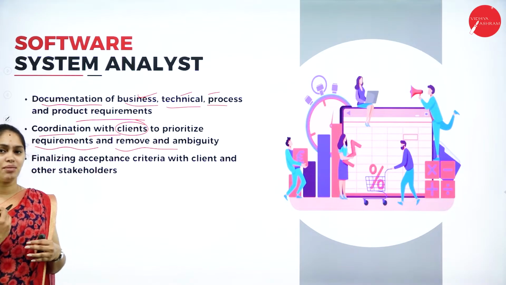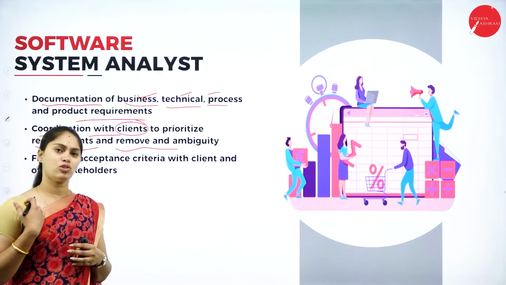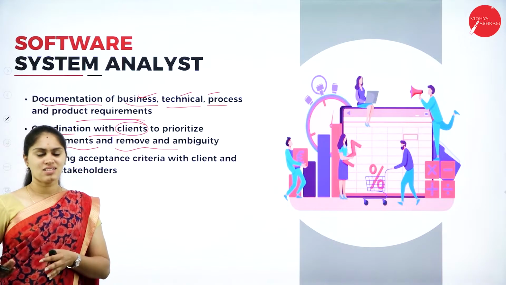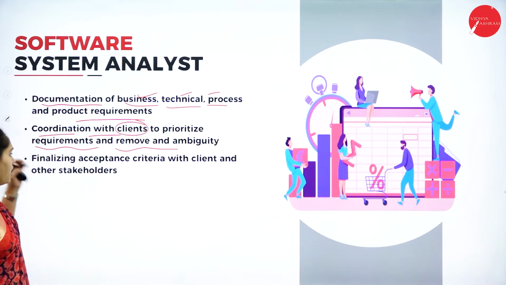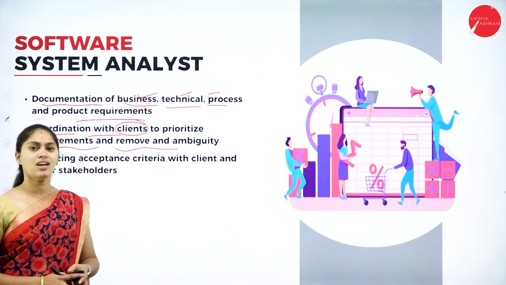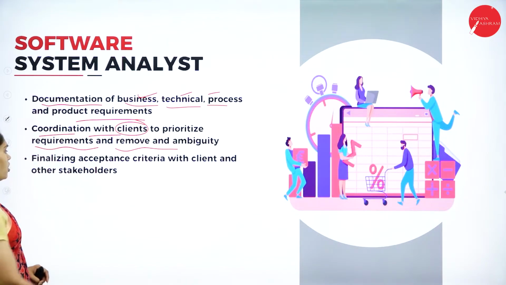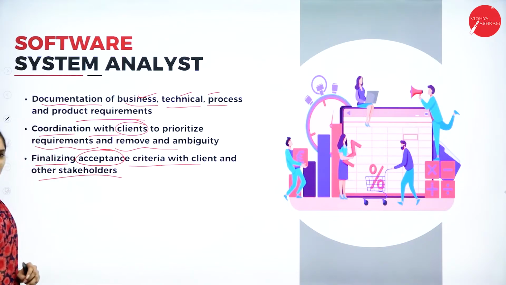Being an analyst, they must be able to communicate with the user, negotiate, and make the user understand whether a requirement is needed for the system development or not. So negotiation, communication and coordination with the client, customer or stakeholders is also the responsibility of the analyst. And also finalizing acceptance criteria with the client and other stakeholders.